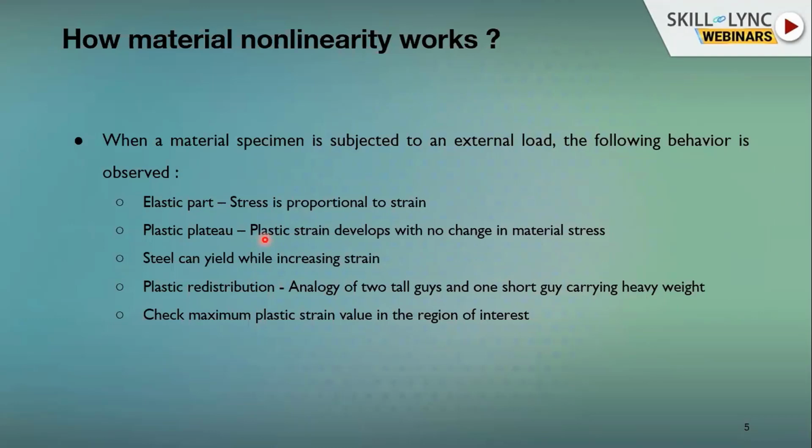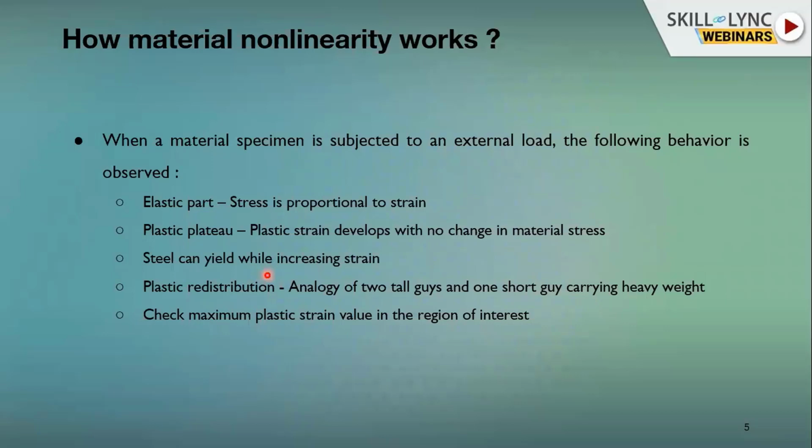However, the strain keeps developing inside the material. And then finally, the beauty of the material steel is that it can still yield while increasing strain. That's the beauty of steel. So that's why most of the time steel is the most predominant material used in the metal category for any applications within the automotive industry or even in the mechanical industries.